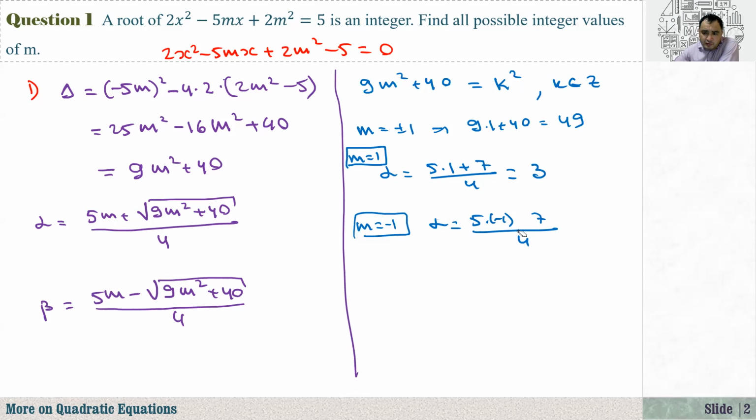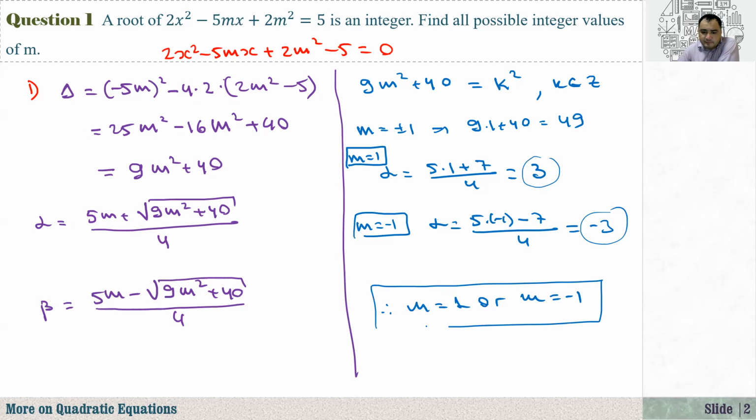That's why I'm not going to use this root here, so let me use beta. Minus 5 minus 7, minus 12 over 4. So the answer is negative 3. So that is an integer. Now, find all possible integer values of m. What is it? m is equal to 1 or m is equal to negative 1. Okay.